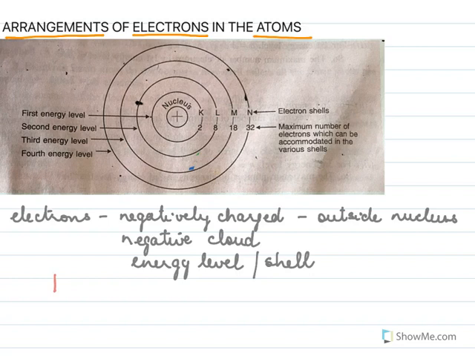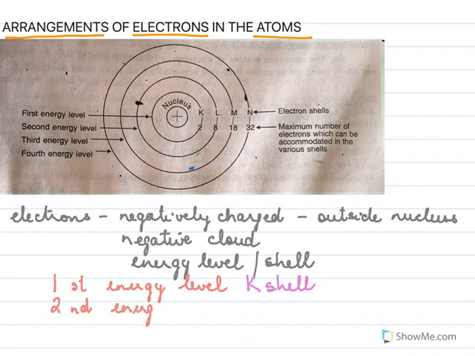So the first energy shell or the first energy level is the K shell or the K orbit. Then we have the second energy level, and the second energy level is called the L shell.